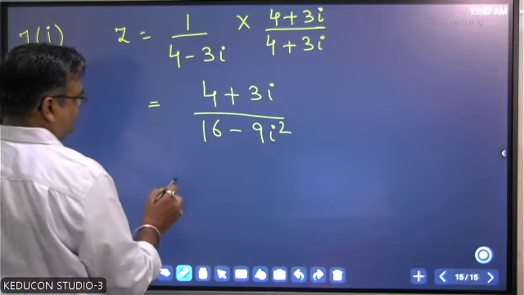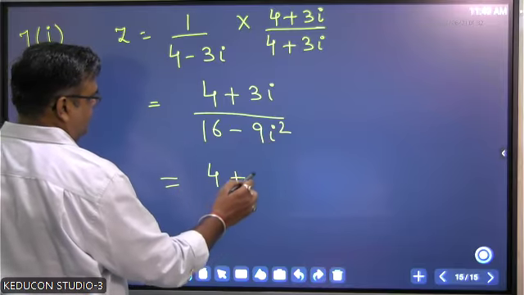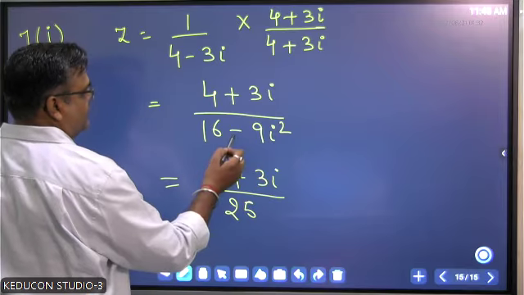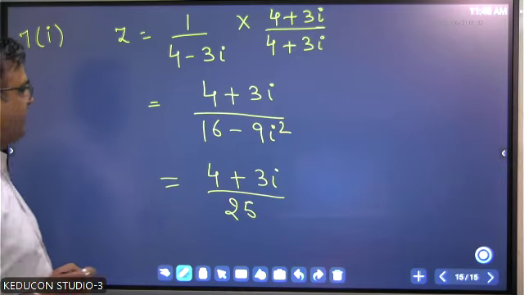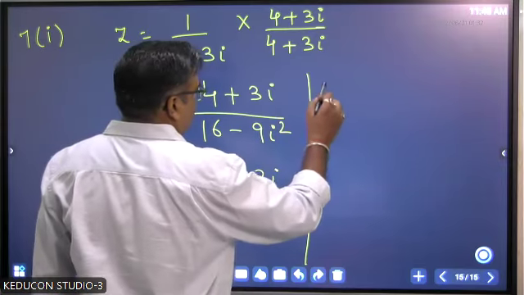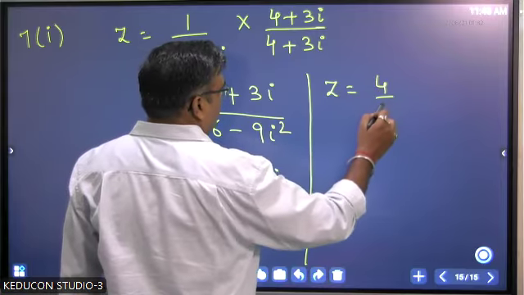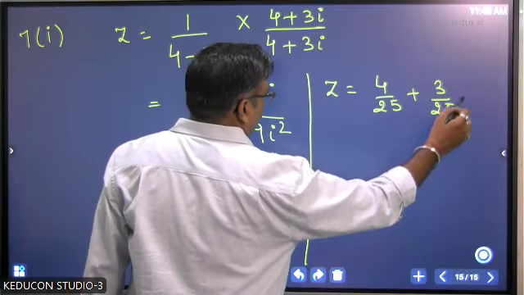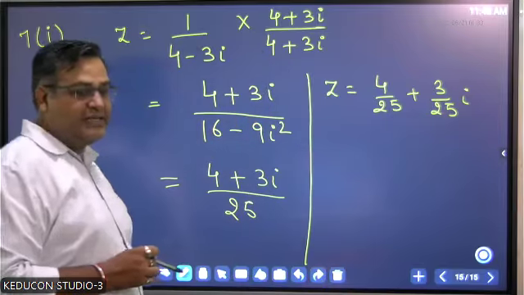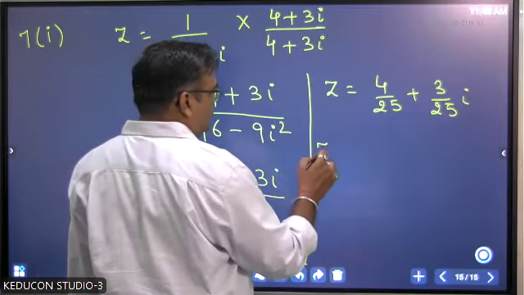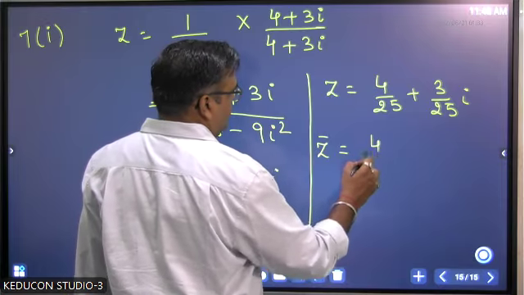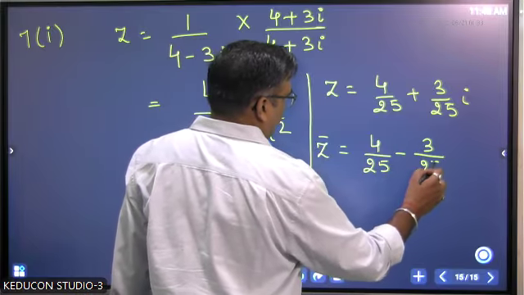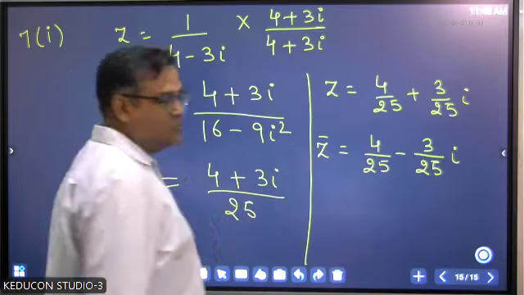Right? This is minus 1. It will become 25. So what will be z here? 4 by 25 plus 3 by 25 iota. And when you take the conjugate, this will be 4 upon 25 minus 3 upon 25 iota.